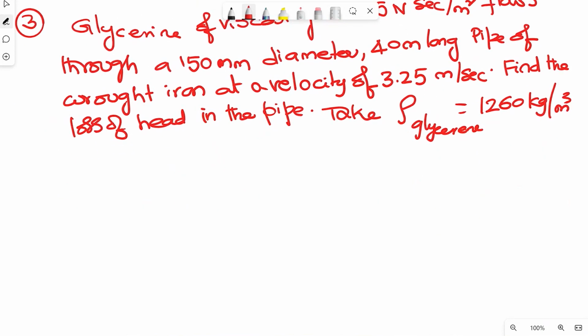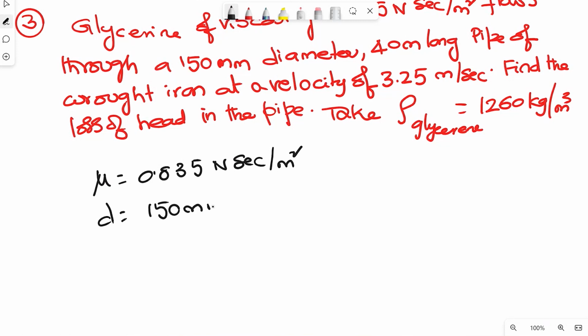Again, what are the given things? Let me take it. Mu is equal to 0.835 Newton second per meter square. D is equal to 150 mm, so 0.150 meters.